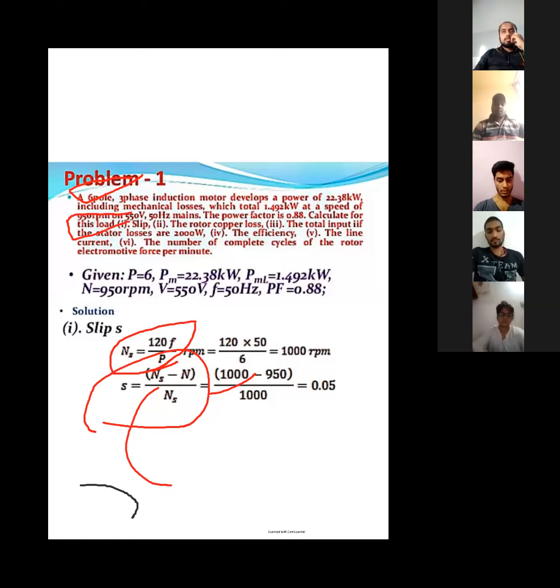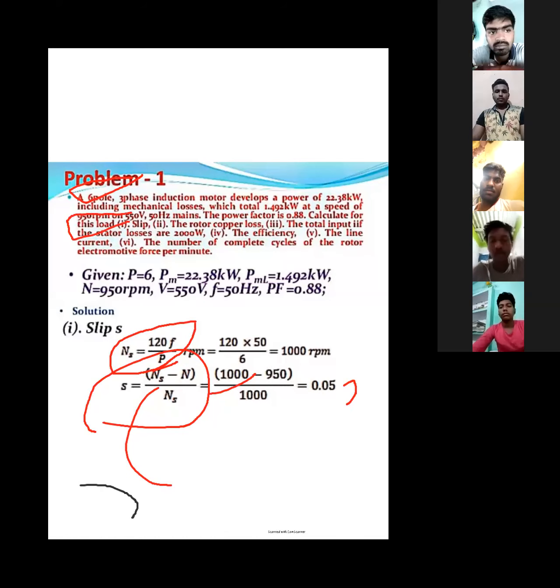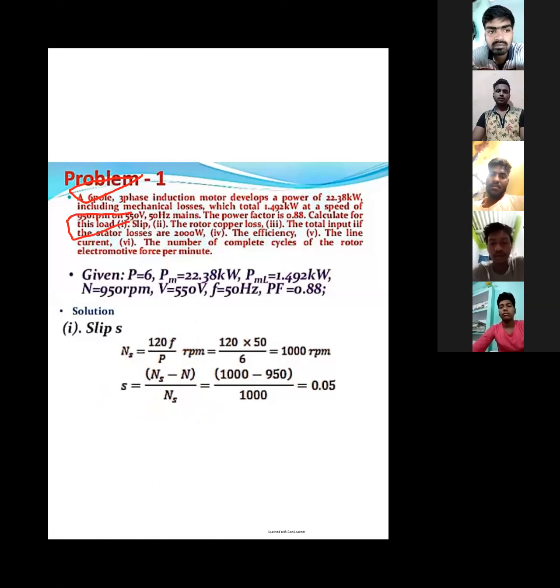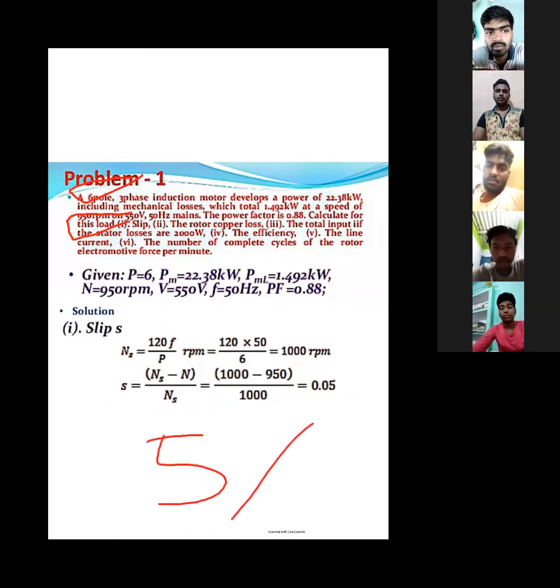The value of the slip is 0.05 per unit. And also you can say it is 5%. For the percentage, you multiply 0.05 with 100, so 0.05 into 100 is 5%. So the value of the slip is 5%.